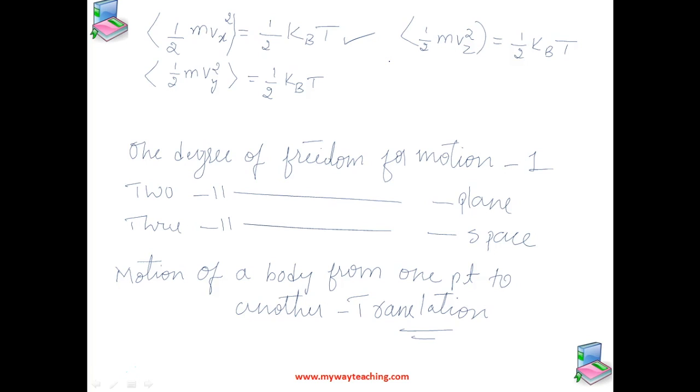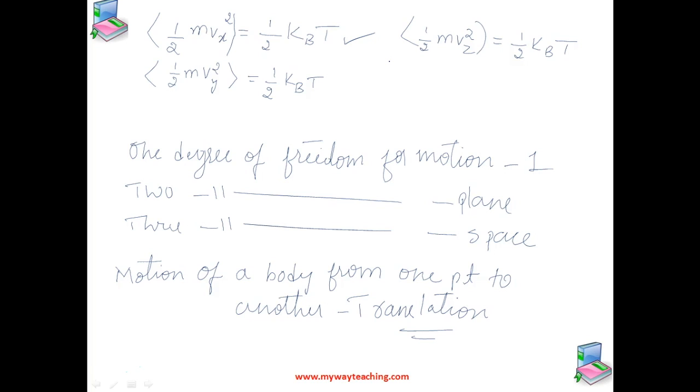Yes, in that case, a molecule of O2 has three translational degrees of freedom, whereas a monoatomic gas has only translational degrees of freedom. But in addition, it can also rotate about its center of mass. So it is rotational, not only translational.